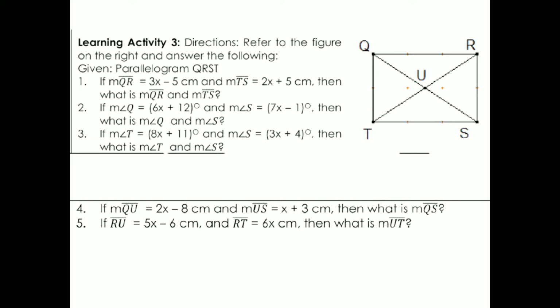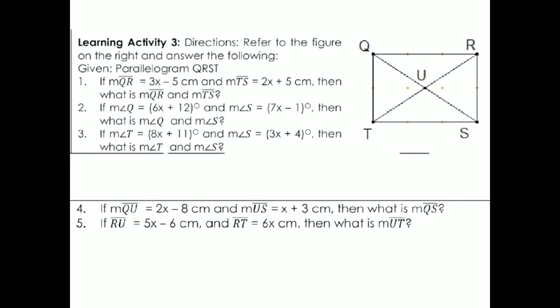Then number 3: if angle T is equal to 8x plus 11 degrees and angle S is 3x plus 4, then what is angle T and angle S? Those are supplementary angles. Recall them again so it is easier to answer.